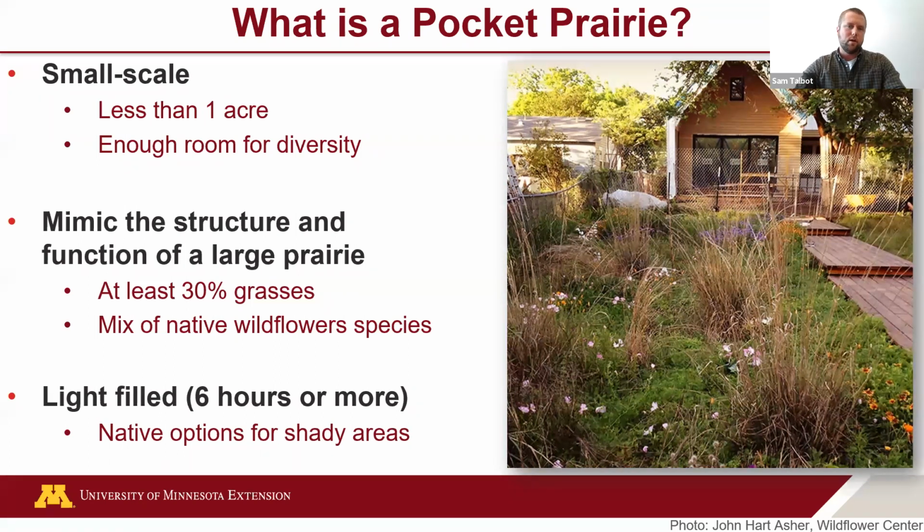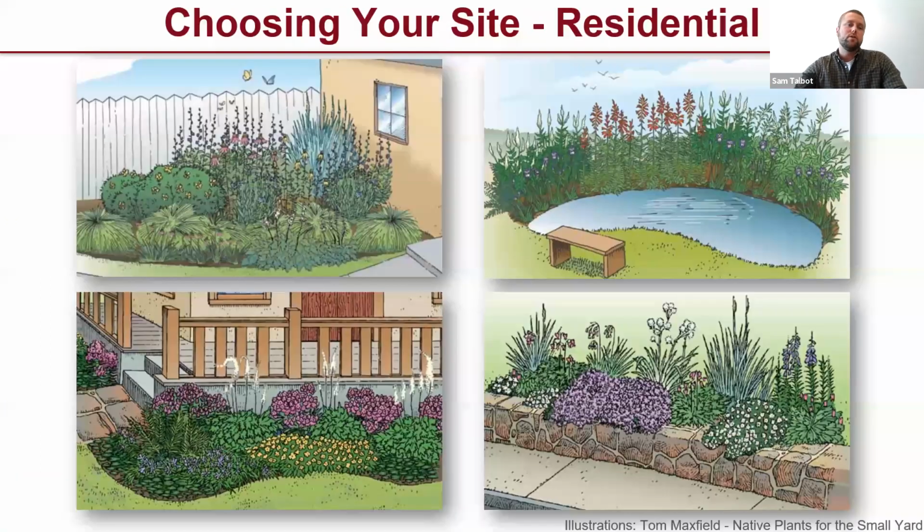But that doesn't mean that you can't use natives anywhere else. You can pretty much find native plants for any particular site, as long as you can grow plants there. So for these sites, we're looking for a little bit more light filled. And then choosing your site, maybe you have something in mind. I really like this, the native plants for the small yard, just for inspiration. It could be anything right outside your door, along your boulevard, getting down into wetter areas.